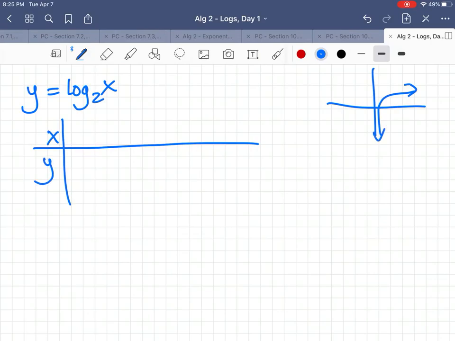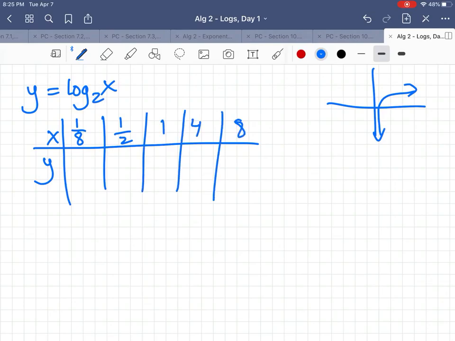So I have x and y. I'm going to go across. I'm going to give you some x values, 1/8, 1/2, 1, 4, and 8, let's say. All right, so let's figure out some of these answers. All right, so 1/8. So x is 1/8, remember? So I say to myself, log base 2, my x is 1/8.